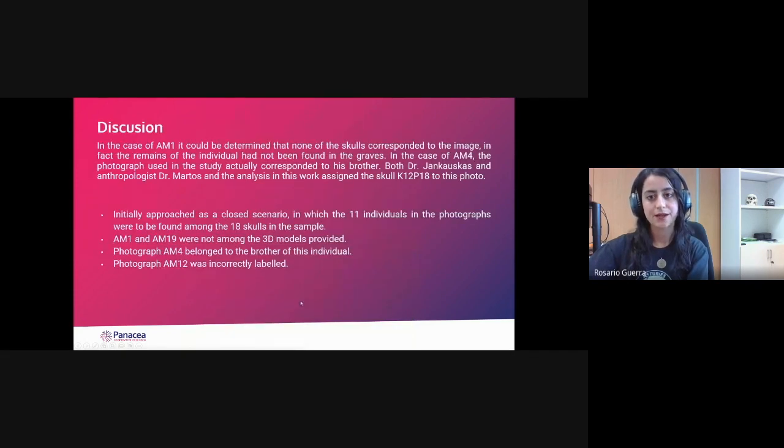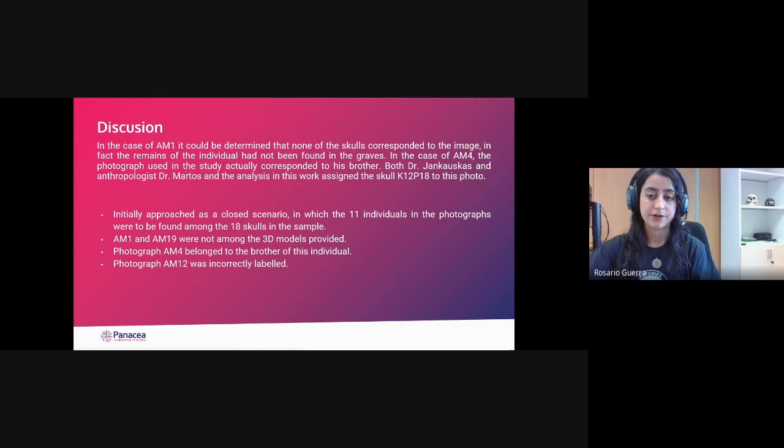So I would just like to add some other things that are interesting, I think, regarding this study. Just to say that this was initially approached as a closed scenario by the 2 anthropologists that did this in the first place, Dr. Martos and Dr. Navarro.